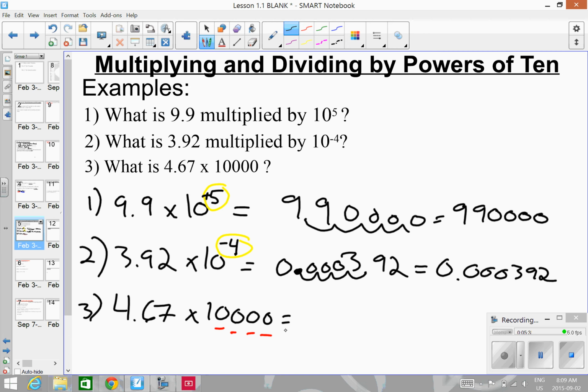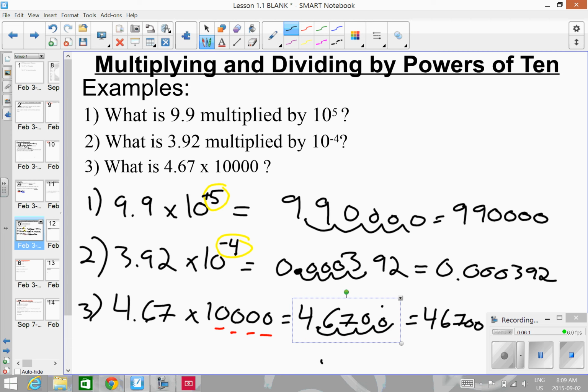Because 10,000 is a big number, as opposed to if it was 0.1, we are going to make the number bigger or move the decimal to the right. So that would be 4.67, but we're going to move it 1, 2, 3, 4, because that's 4 zeros. Just 2 spots here, we're going to fill with zeros. So our answer is 46,700.